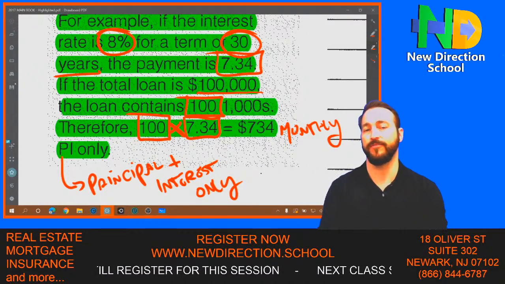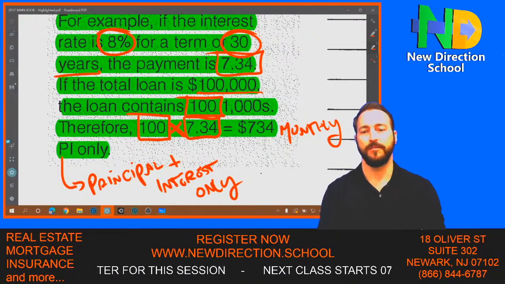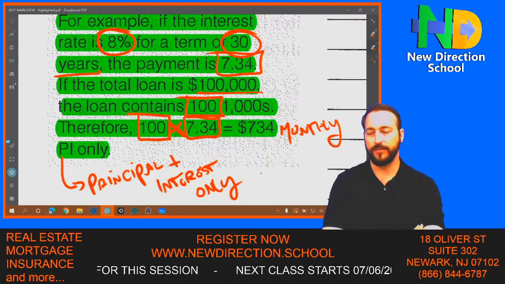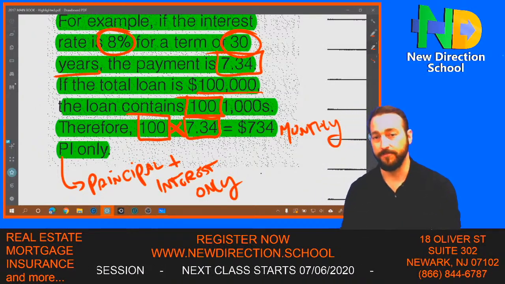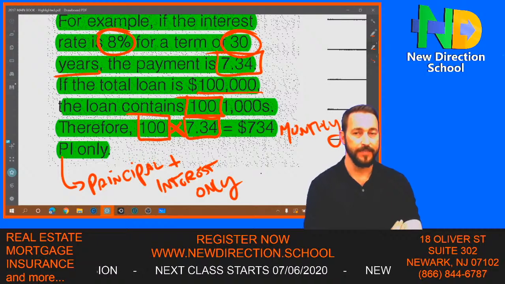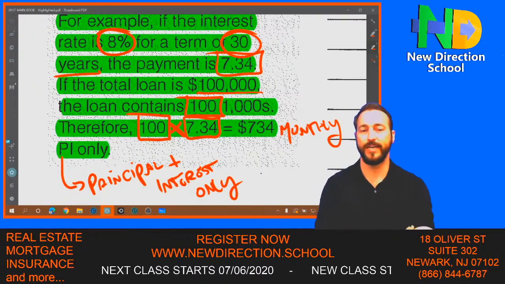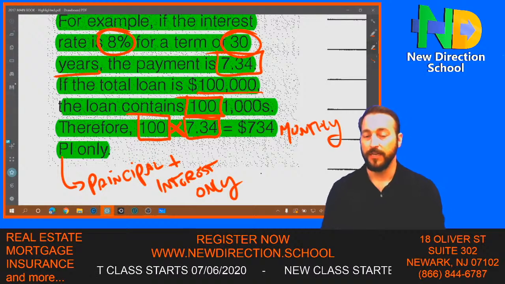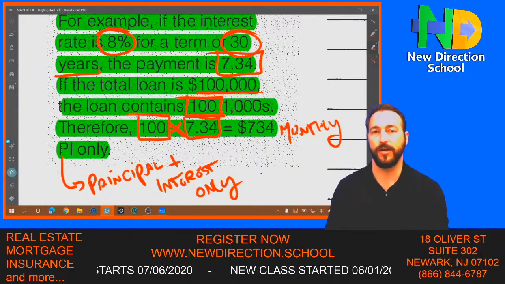If it's a fixed rate. If it's an adjustable rate, this does not apply. Okay? The good news, guys, is that you don't need to figure out how to calculate adjustable rates. There are mortgage calculators. The bad thing is that in the school exam and state exam, you cannot use Google, you cannot use a scientific calculator, and you cannot use a mortgage calculator.